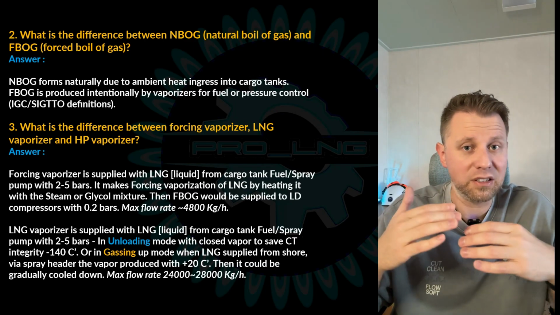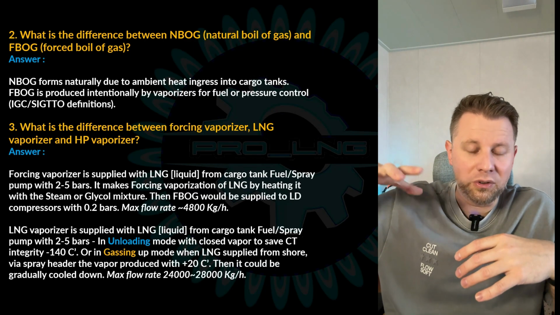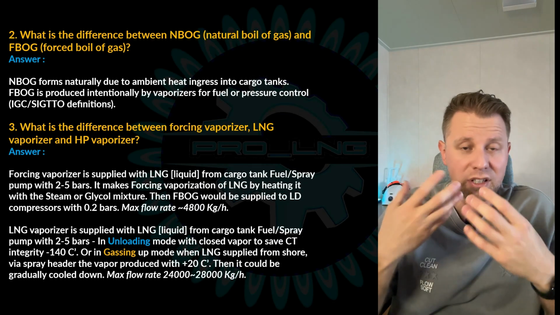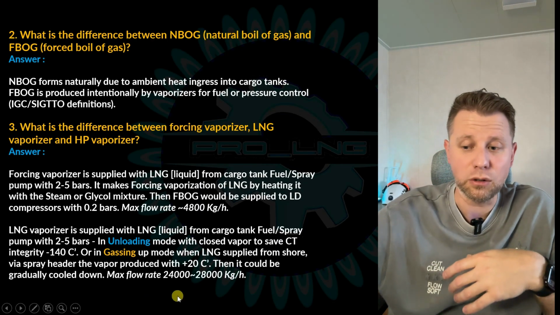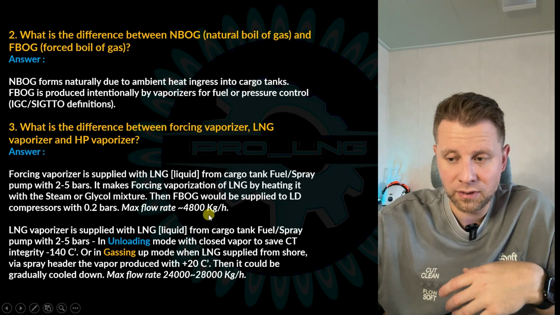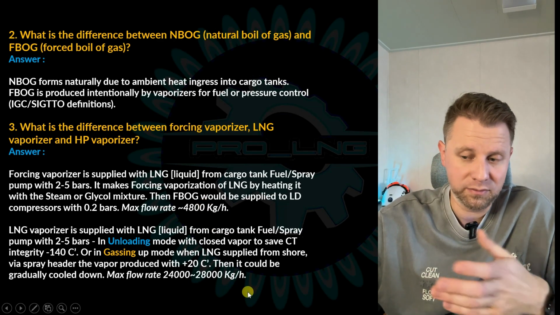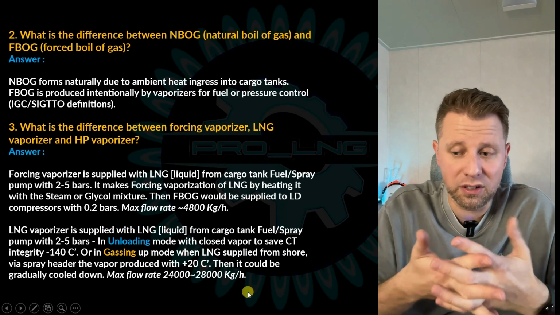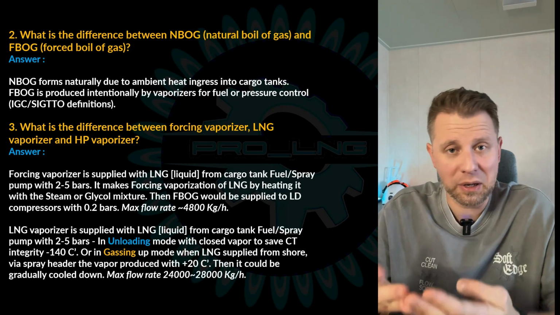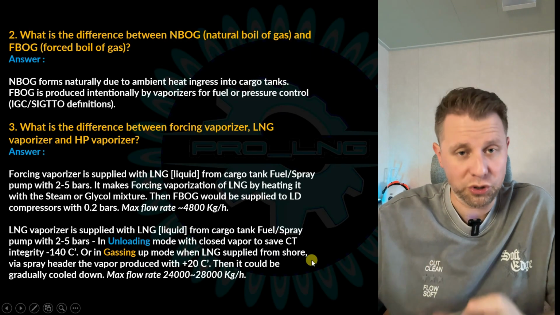It starts from plus 20 and then can be gradually cooled down. So that's why you need such a big capacity. Look, the capacity here is much bigger than this one. So the only difference is bigger capacity for other procedures.